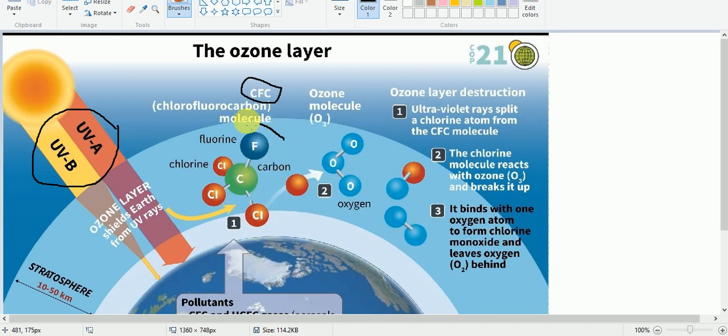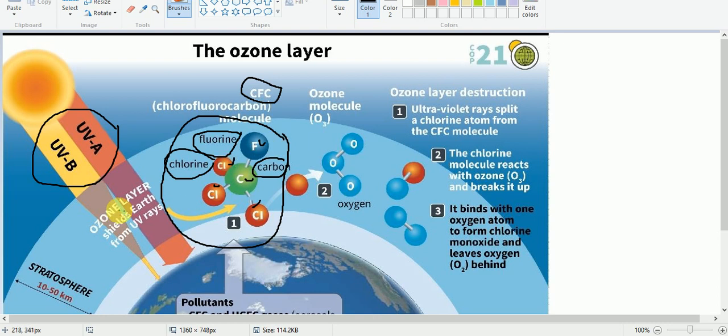This is the CFC molecule: chlorine, fluorine and carbon, then chlorine, and this is fluorine. That is chlorofluorocarbon, the CFC molecule.